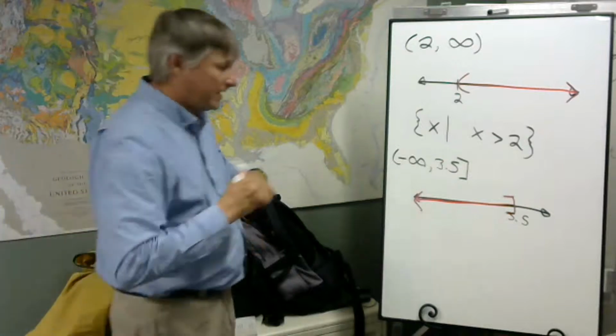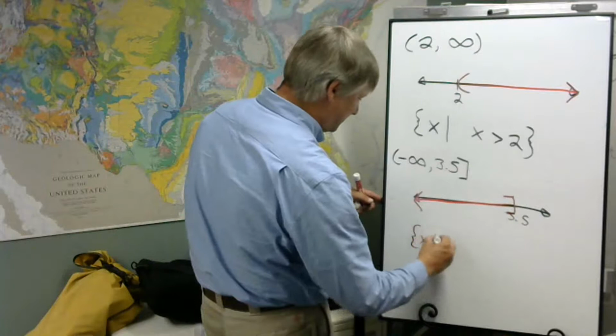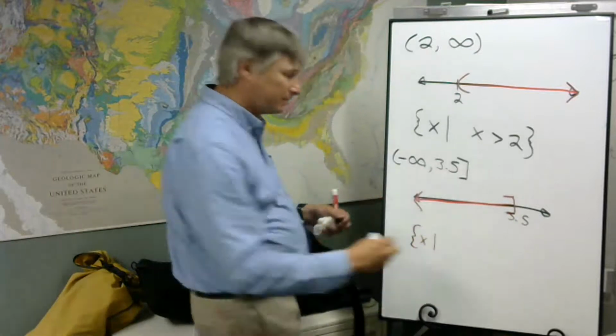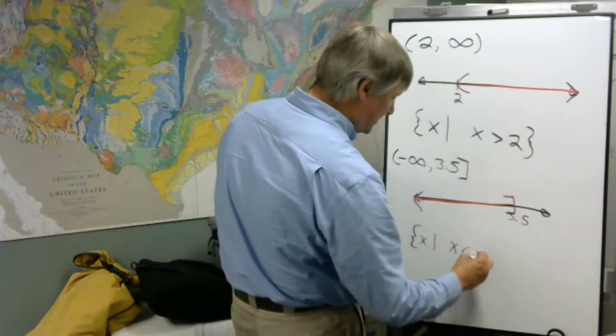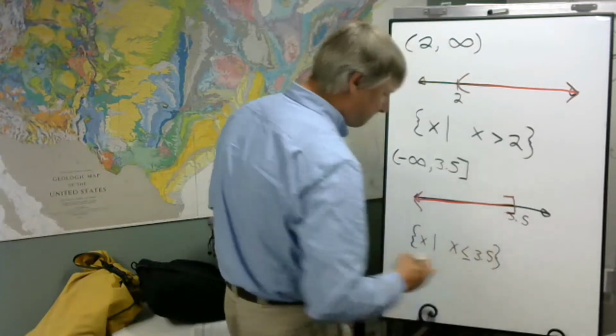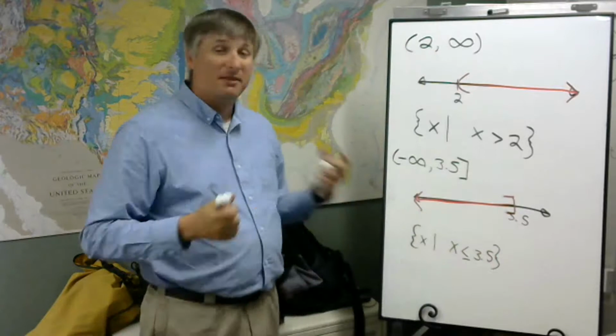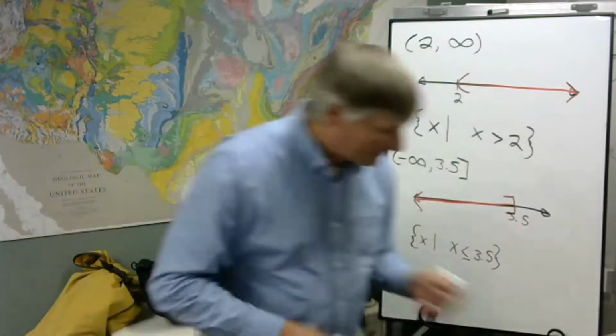So in roster notation, it's just any real number x. And the property of this real number, whatever this real number is, it's less than or equal to 3.5. And that's going to be it.